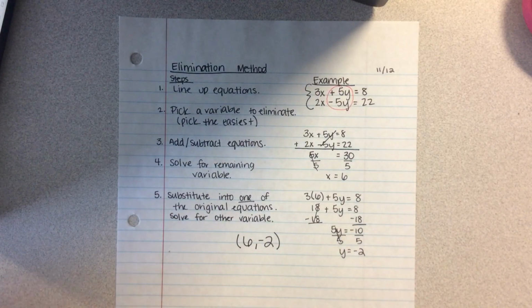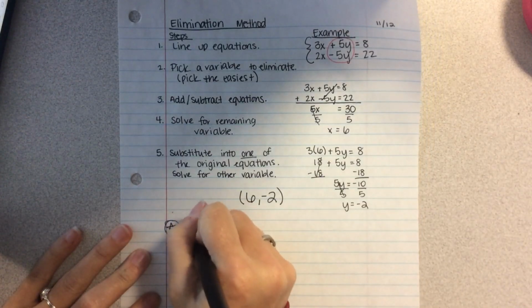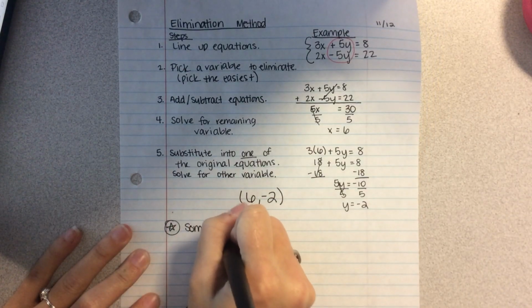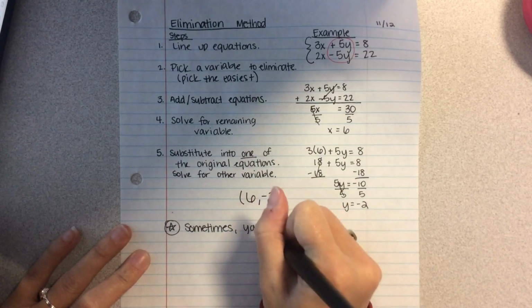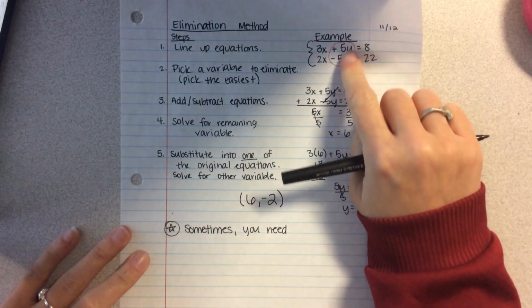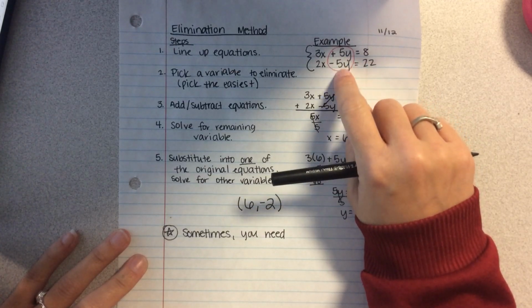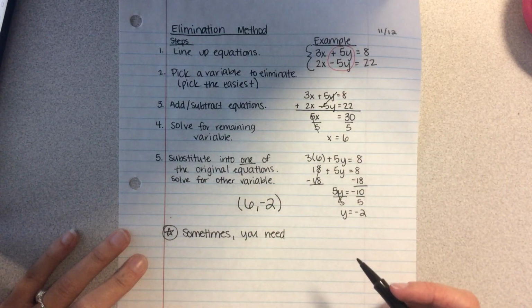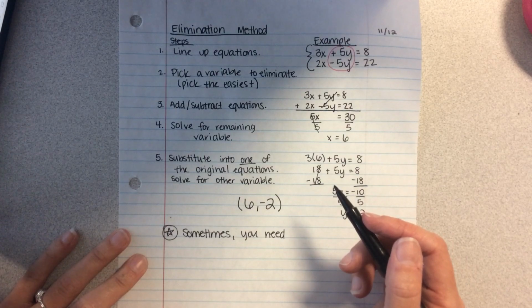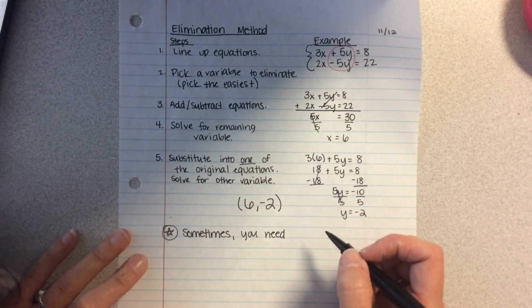Okay, so this is elimination. I would like to make a note though, so let's put a nice big star with a circle around it here. Sometimes you're going to need to multiply. If the variable you want to eliminate does not already have opposite coefficients, then you're going to want to multiply the whole equation by another number to make them opposite coefficients.